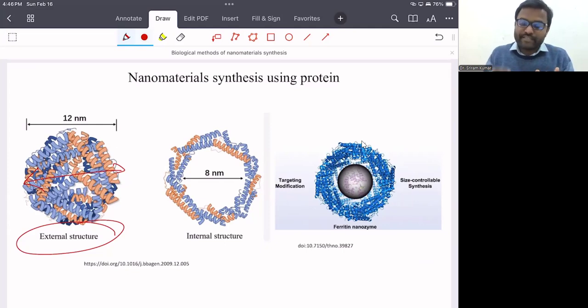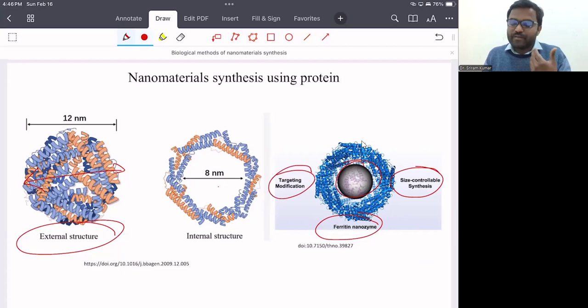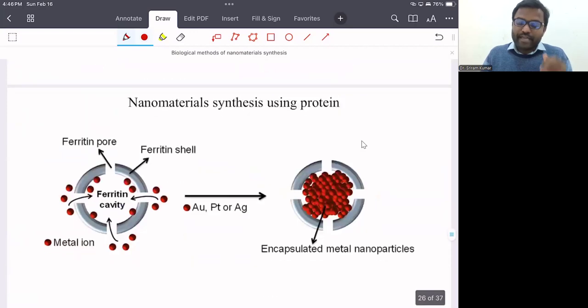So we can exploit that internal diameter of the protein, and we can put some kind of nanomaterial there so that we can use it as a nano enzyme, that is, an artificial enzyme. At the same time, this specified size of the internal structure of this protein can be used for size control synthesis of nanomaterial. At the same time, we can also modify the surface of the nanomaterial with specific chemicals.